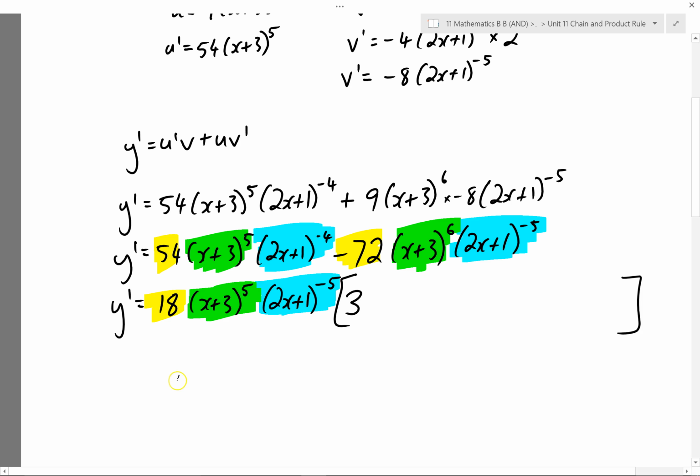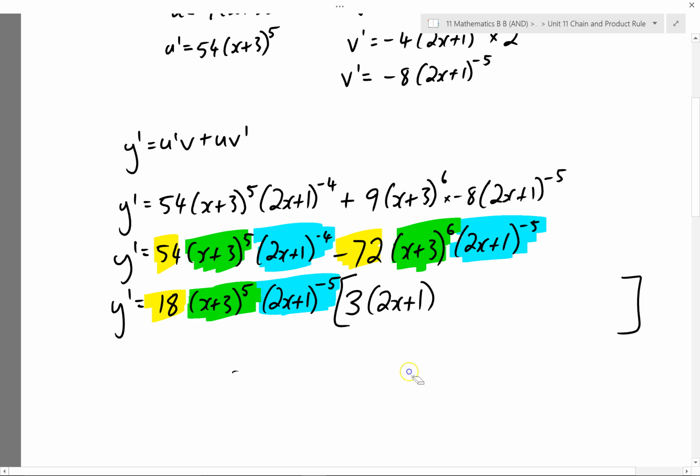And I need to think, alright, (2x+1)^-5, I need to multiply it by (2x+1) to some power so that I can get (2x+1)^-4. So I need to have minus 5 plus something to get me minus 4, because when I multiply, I'm going to add these powers together. So that power is going to be 1. I don't have to write the 1 there. I can if I want, but I don't have to.